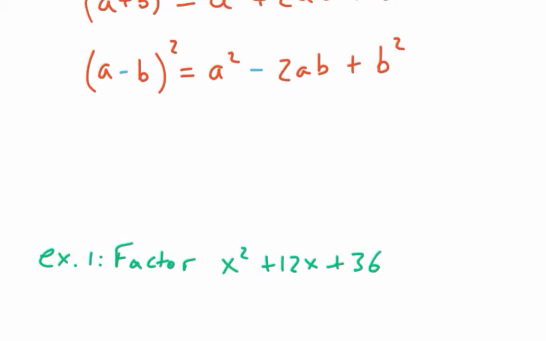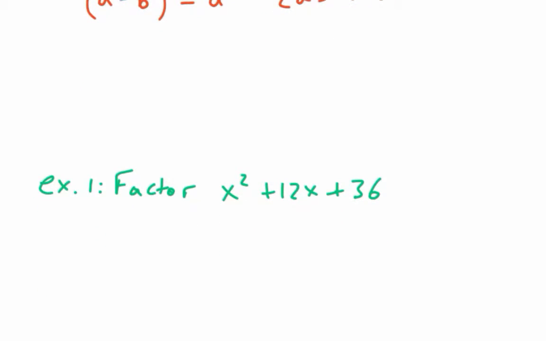And if we were to totally forget that thing we just did in red and treat this like we were doing in the last section, we could say, okay, that's going to be a couple binomials. We know at the very beginning we have to have an x and an x, because when we FOIL, x times x gives me my x squared, right? The signs have to be two positives, because a positive times a positive will give me that plus 36.